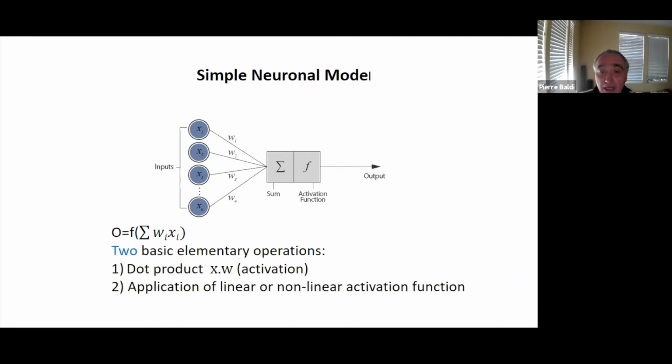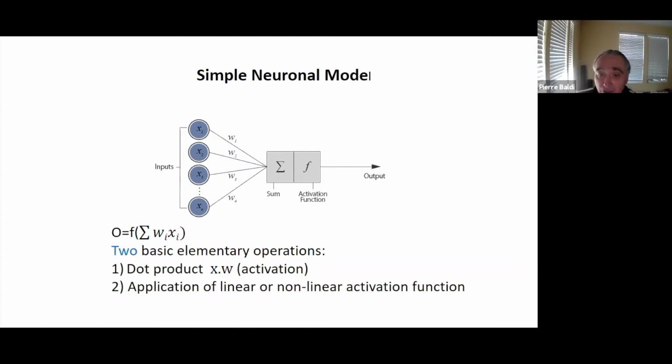The way it computes things, it receives an input signal X, and it does two basic operations. It takes the dot product of the input X with the synaptic weights to produce this weighted sum, which is called the activation. And then it transforms the activation into an output via a so-called activation or transfer function F, which can be the identity in the most simple case.